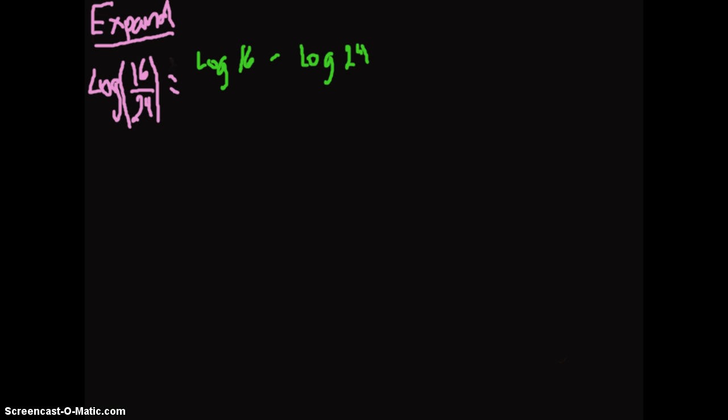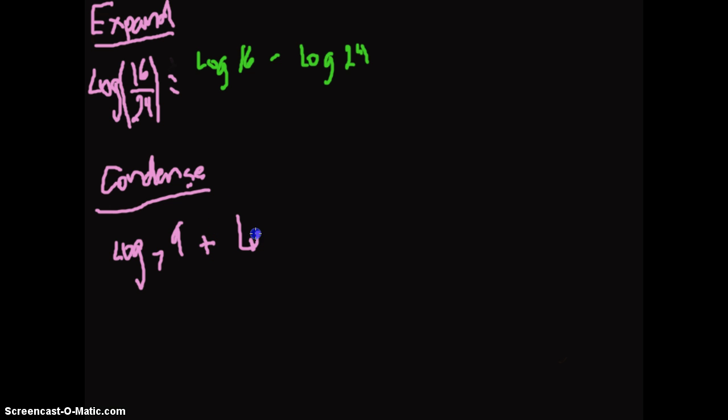Let's say they tell us to condense. This is the hardest word to write on the software. To condense, and they give us a problem that looks like this: log base 7 of 9 plus log base 6 of 9 equals.